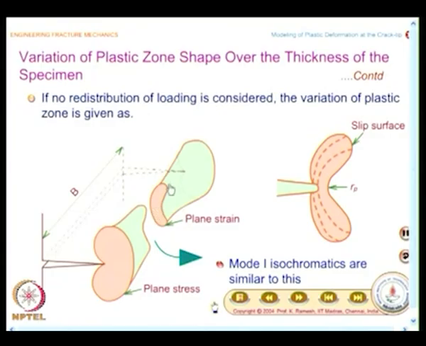Interior to the surface, the shape is like a butterfly. I have this slipping taking place, and the length of the plastic zone along the crack axis is given like this, and whatever you see here is similar to your mode 1 isochromatics.